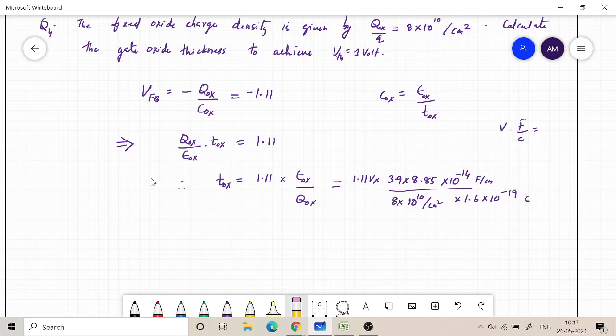Okay, so epsilon OX has unit farad per centimeter, capacitance per unit length, not square. So one centimeter will get cancelled, and one centimeter will come up, and C by F is also voltage, so therefore this will be in centimeter unit. Okay, so that looks okay. So we need to find this out.